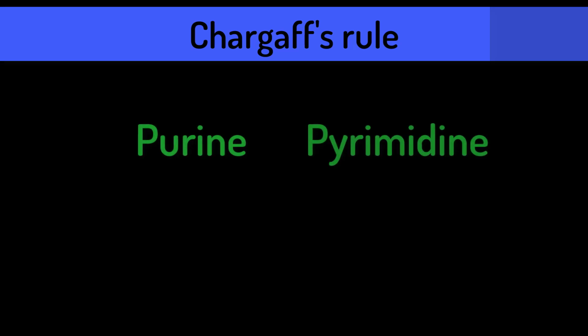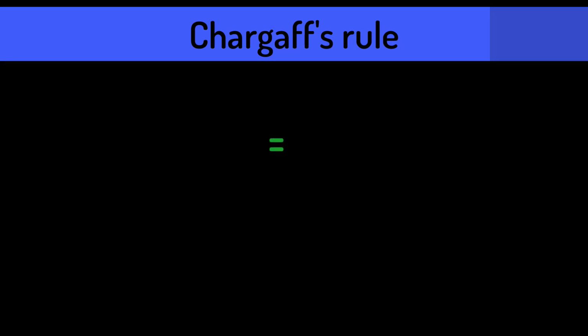Now, as per Chargaff's rule, the total number of purines and pyrimidines is always equal. That is, A plus G is equal to T plus C. That is, the total number of adenines and guanines will always be equal to the total number of thymine and cytosine.